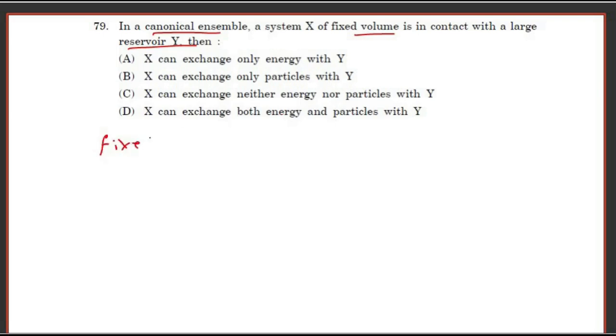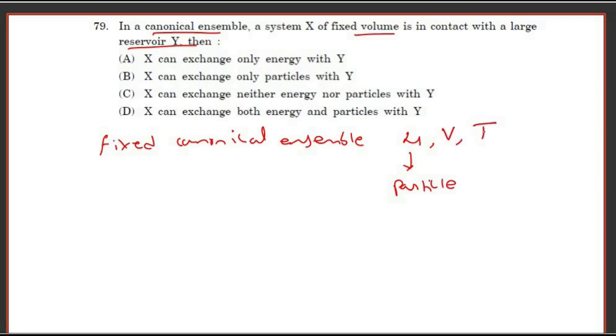Listen, for a canonical ensemble, mu, that is the particle number, is fixed. Volume is fixed. Temperature is fixed. Hence, the energy only exchanges, not the particle. Particle is not exchanged. Here the particle options were also wrong. Hence option A is the correct answer.